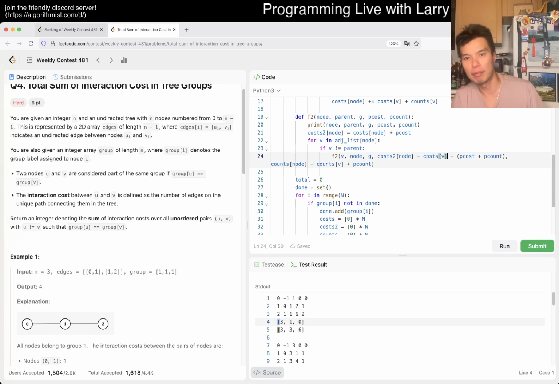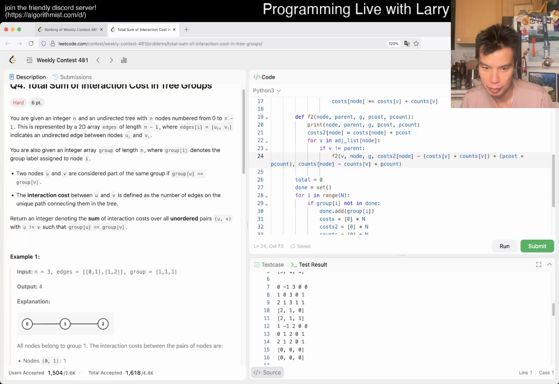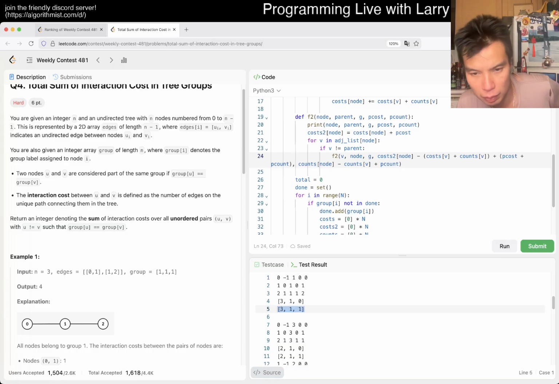Is this part... This is the cost plus counts of 3. Three, 1, 1 is still wrong though.